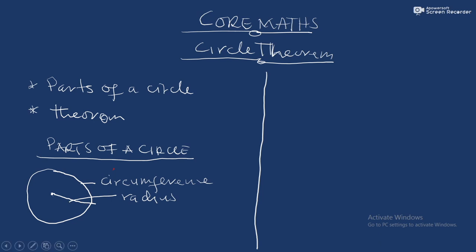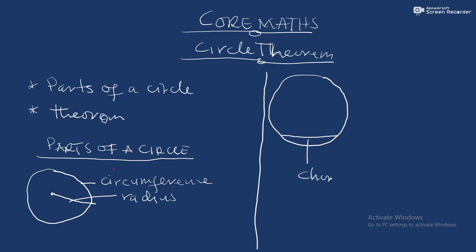Good. Now let's look at another part of the circle. Any line that is drawn within a circle and touches the circumference at 2 points is called a chord.